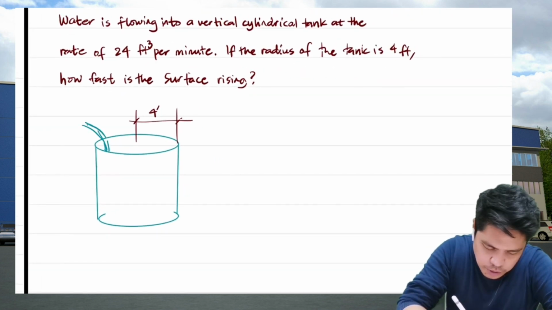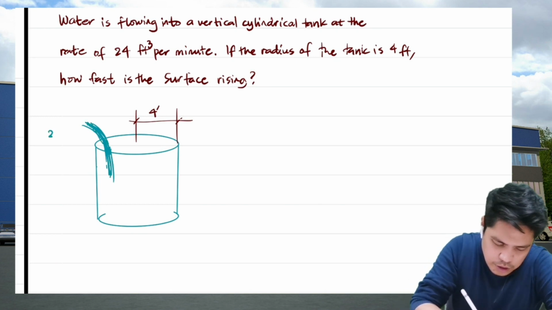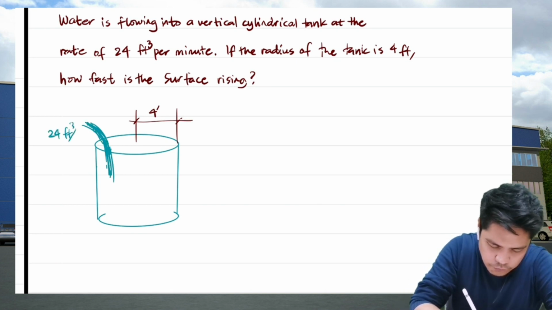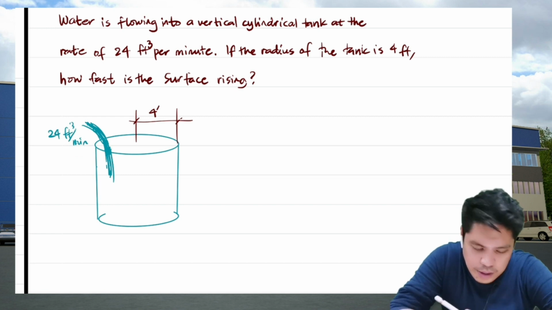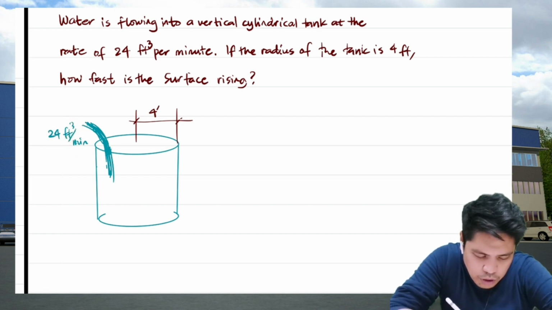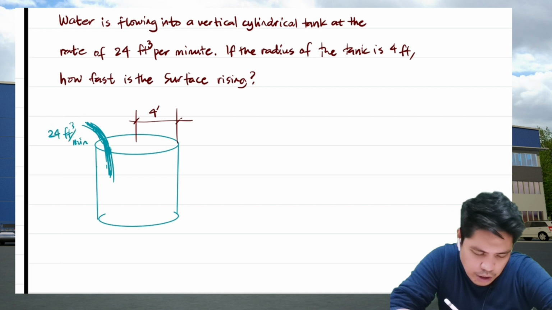Now, water is flowing in at a rate of 24 cubic feet per minute. That means that for every minute, 24 cubic feet are added. We know that cubic feet pertains to volume.